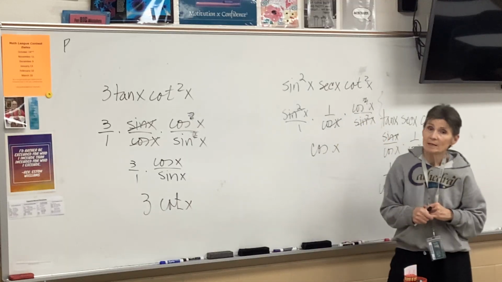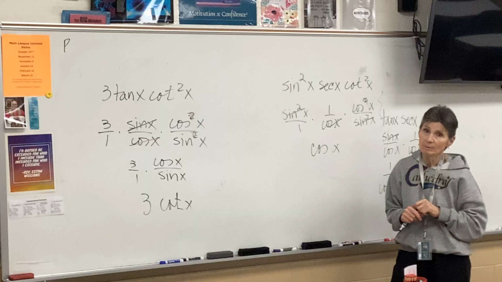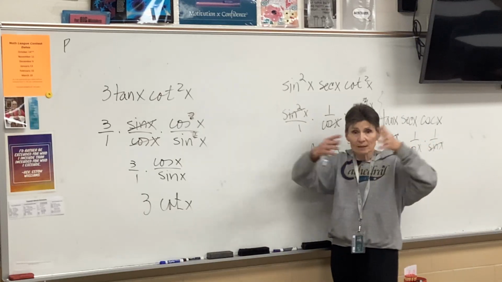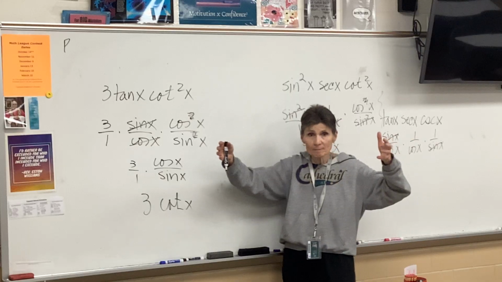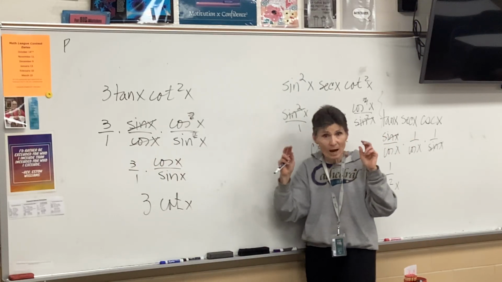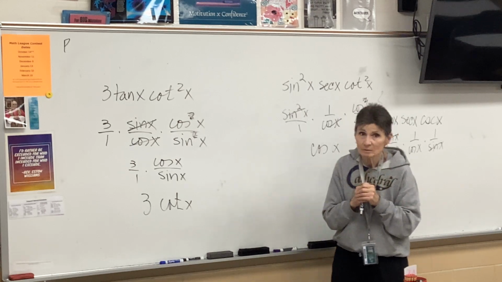So when we take our quiz next class, we will have one problem on the quiz like these that we just practiced. A big long string of multiplication. You are going to rewrite each function in its fraction form and then hopefully cancel a whole bunch of stuff.